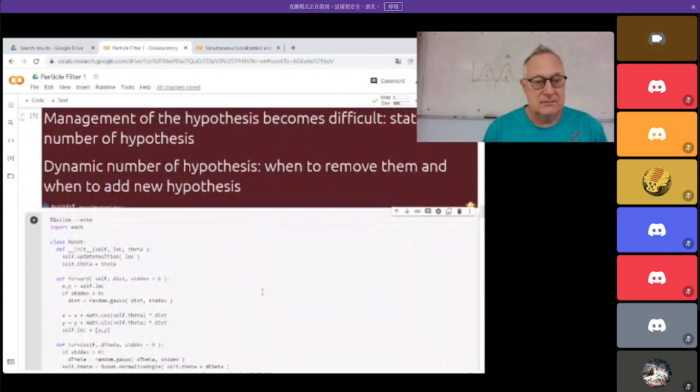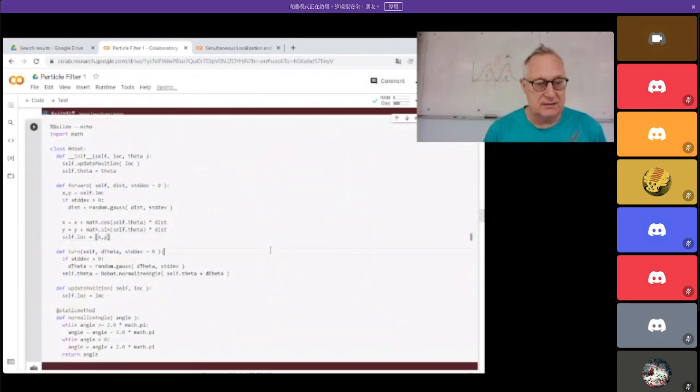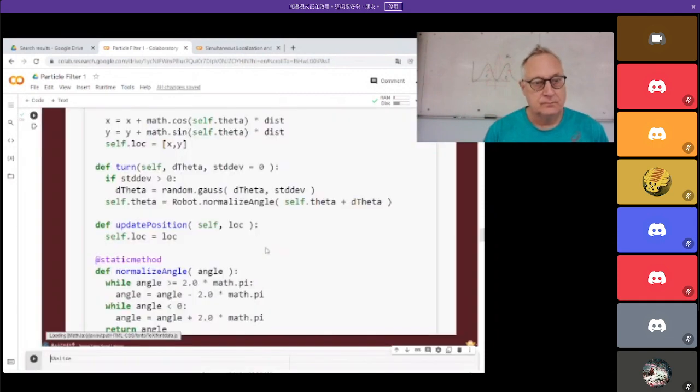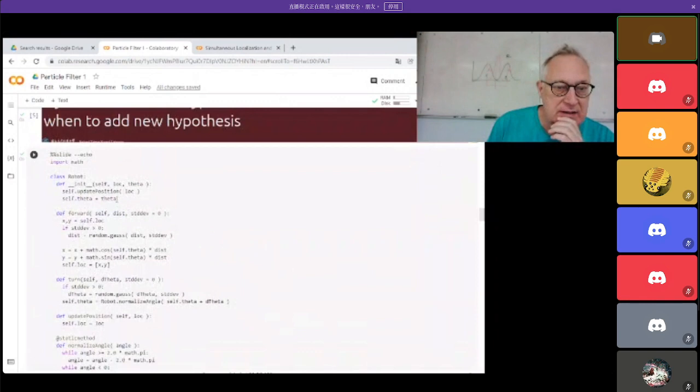And here I've developed a small model of a differential drive robot, a class to represent that. So it's a robot that has a location, a position, XY coordinate, and a theta, an orientation.